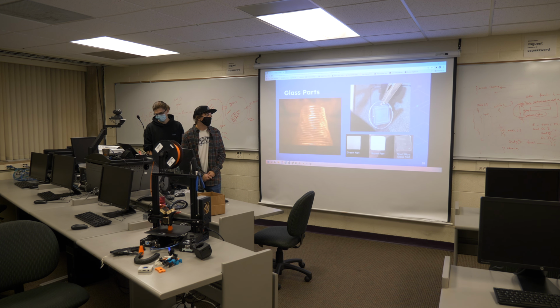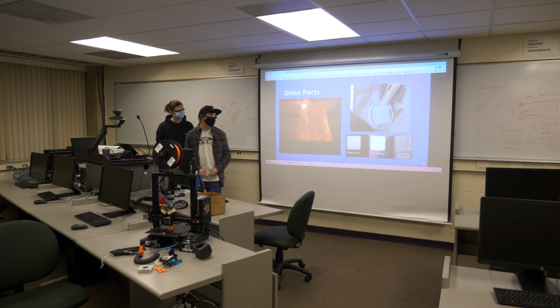Whereas the SLA style printers are similar to the ceramics, where all the glass particles are embedded inside of the resin. And once you print that and you burn off all the resin, as shown by the process on the bottom right there, you are left with a solid glass part. And glass 3D printing allows for lots of new and almost seemingly impossible geometries to make glass parts.